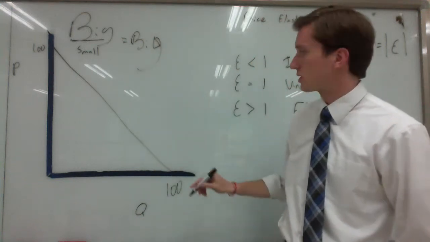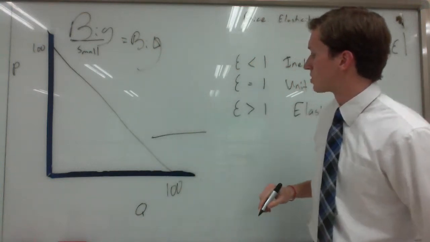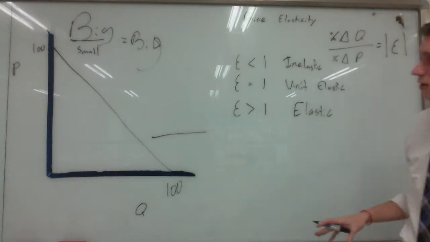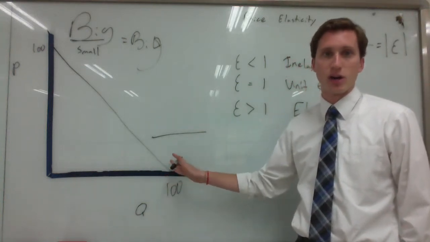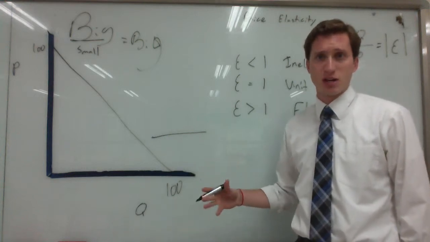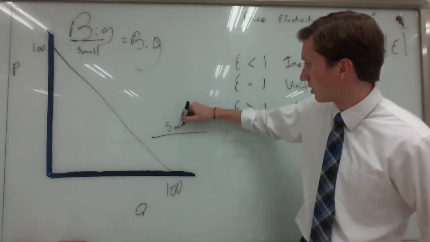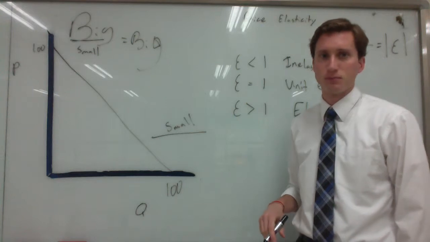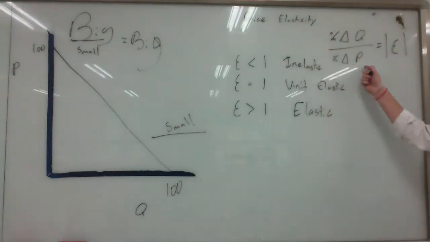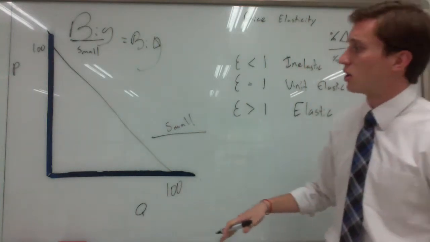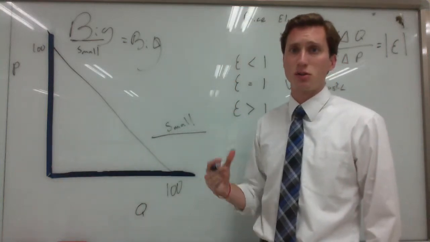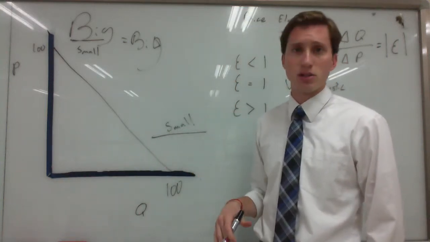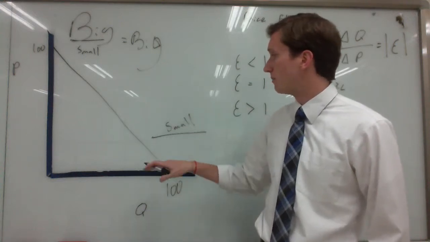Now down here, the reverse of that. Percentage change, our quantity is going from 99 to 100. That's not a very big percentage change. It's going to be a very small number. But on the other side, percentage change in price, going from 2 to 1, is a very big percentage change in price, 2 minus 1 divided by 2, or divided by 1.